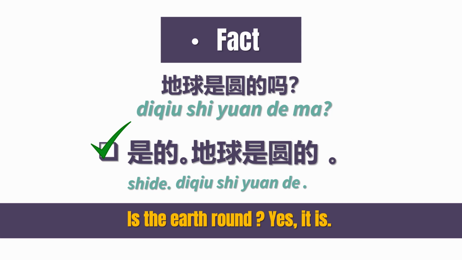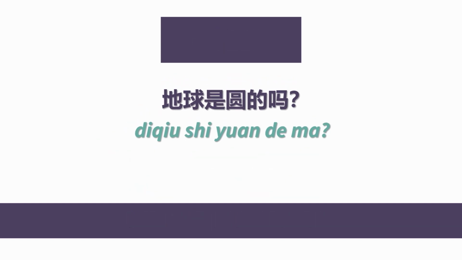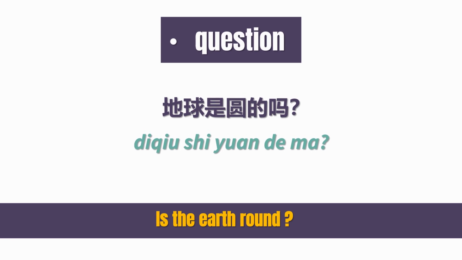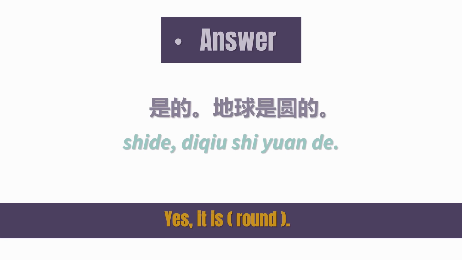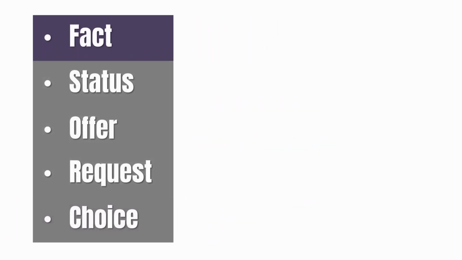Let me repeat the question again, and then the answer, how to say yes in Chinese. 地球是圆的吗? 是的，地球是圆的. And that was the category fact questions.